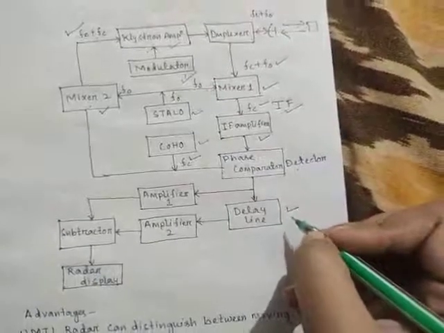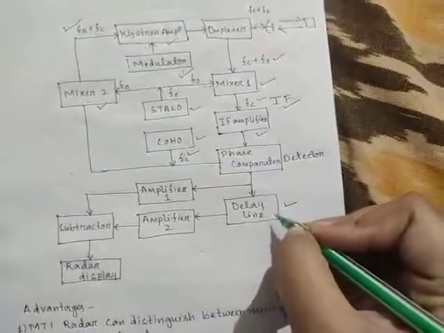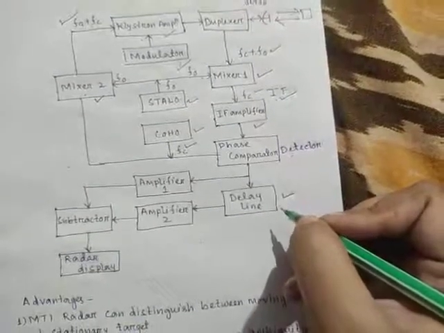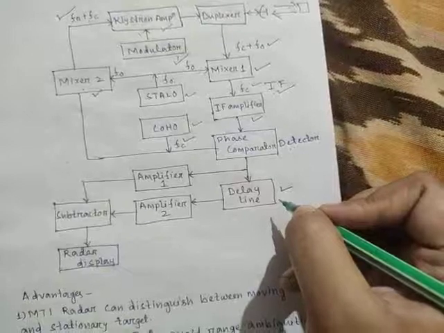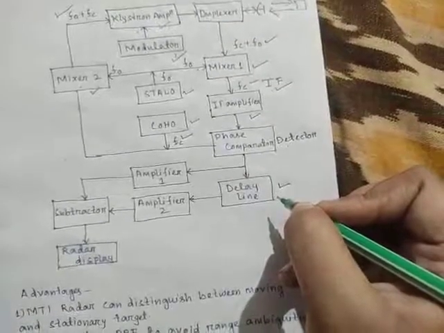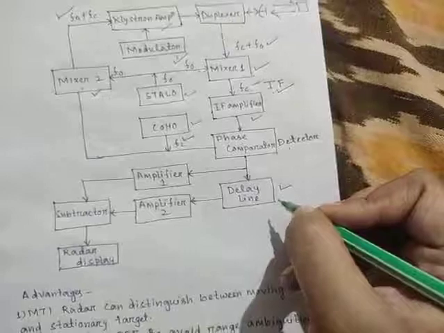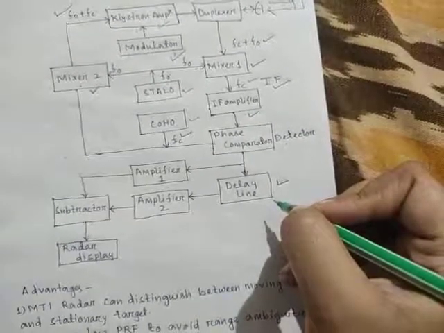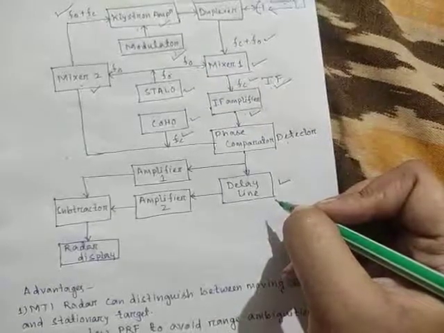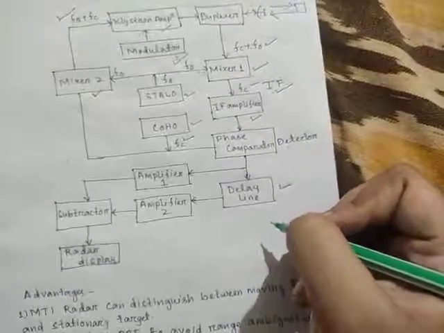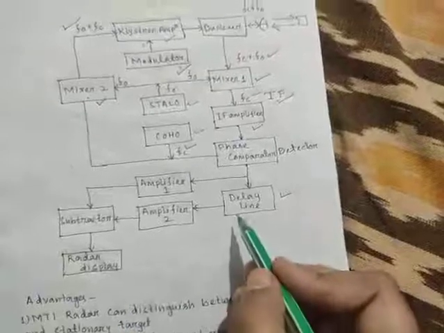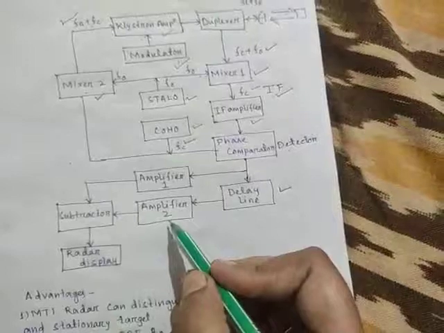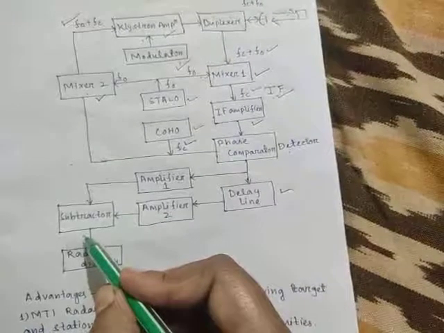The delay line is a filter, also known as the delay line canceller, which eliminates the DC components of echo signals received from stationary targets, and it allows the AC components of echo signals received from non-stationary targets, means moving targets. Then the output of the delay line is amplified by amplifier 2 and given to the subtractor.